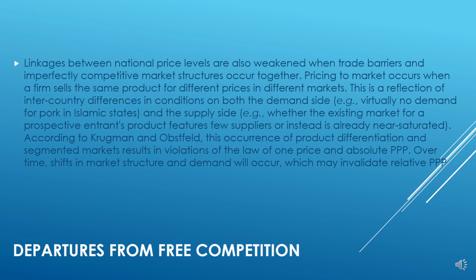According to Krugman and Obstfeld, this occurrence of product differentiation in segmented markets results in violations of the law of one price and absolute purchasing power parity. Over time, shifts in market structure and demand will occur, which may invalidate relative purchasing power parity.